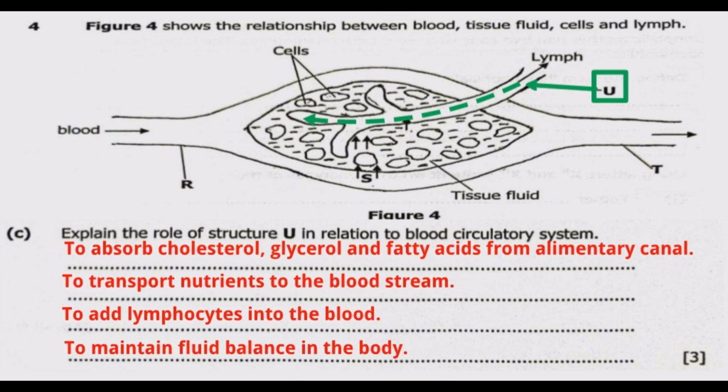Basically they want 3 marks, so if you can bring out 3 points, you're going to get 3 marks. I've given you 4 points, from which you can pick 3.